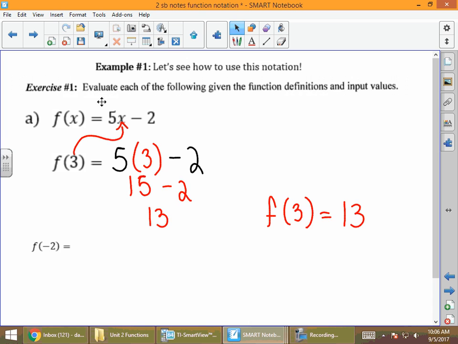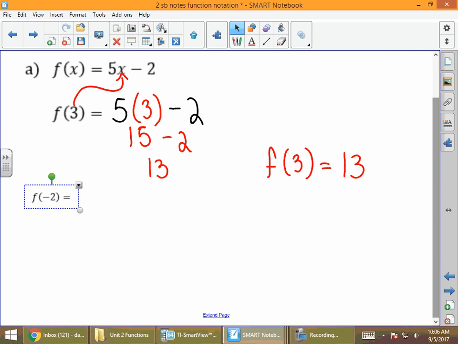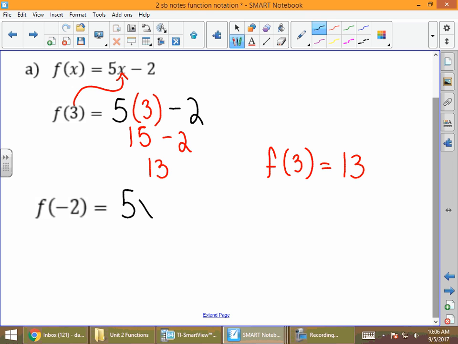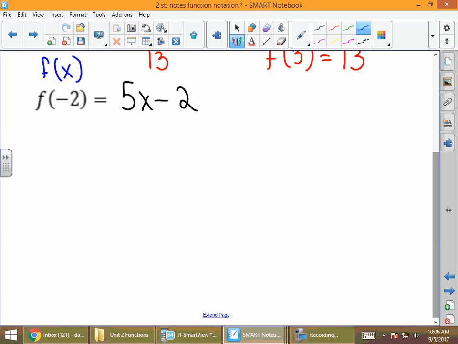Now, if it's not written quite so nicely, like the f of negative 2, and again, notice my wording, f of negative 2, then write down the function again, 5x minus 2, and maybe remind yourself that this is f of x, and ultimately what that means is that negative 2 is going to replace the x over here in our function.